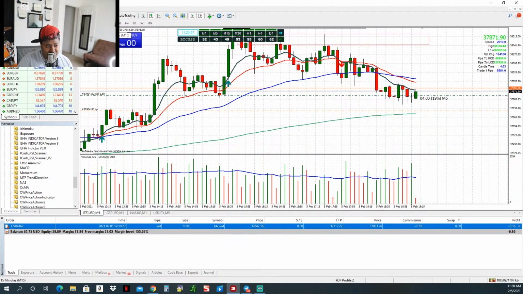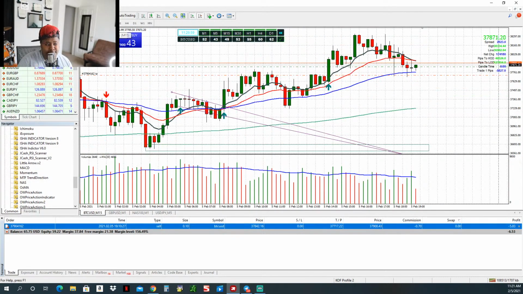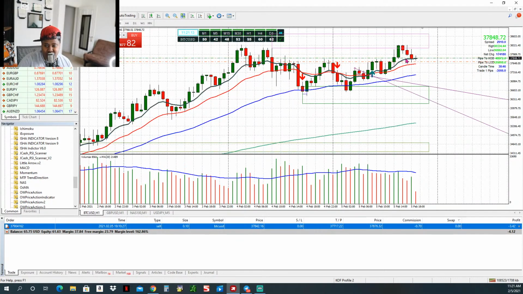This is my 5-minute chart. My 15-minute chart. I'm trying to see what's happening over here. We have rejection here. This is more so an uptrend.